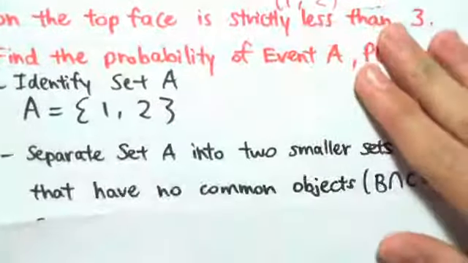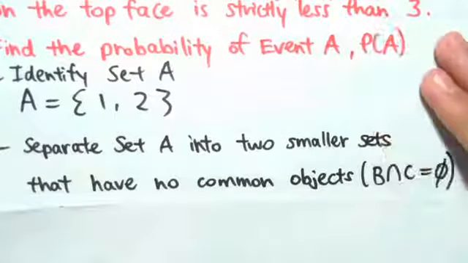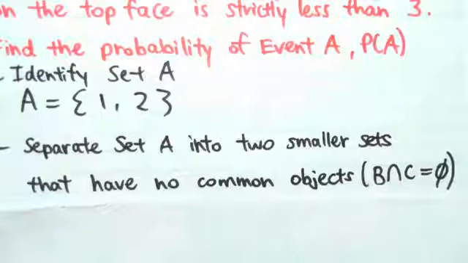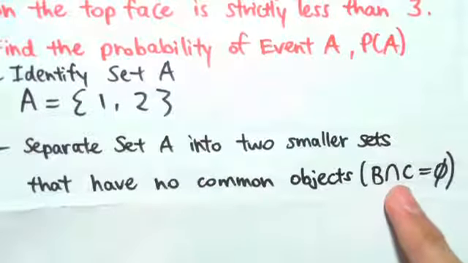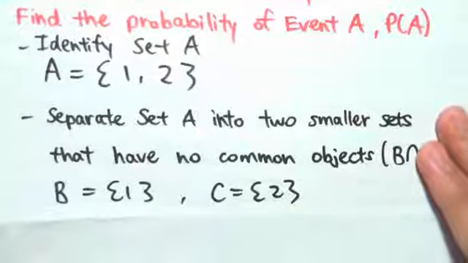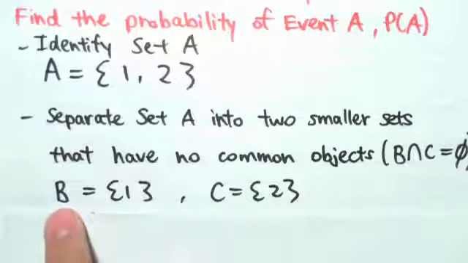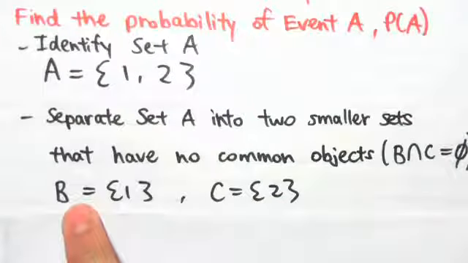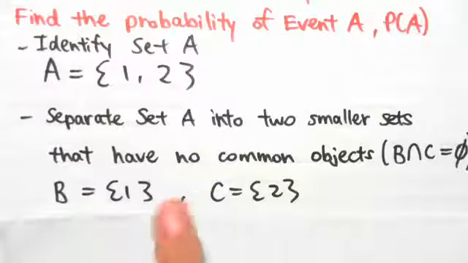Afterwards, we're going to separate the set A into two smaller sets such that they have no common objects. So B intersection C must be empty. This is what I've done here. I separated it into two sets: B carrying 1 and C carrying 2. And you see here that the intersection of B and C is the empty set because the two sets have nothing in common.